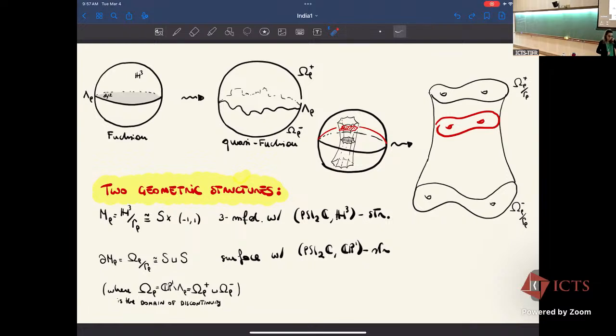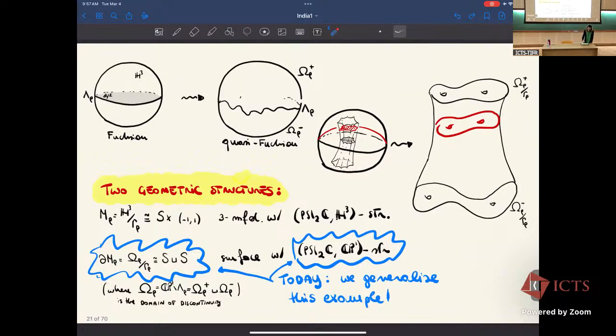The point is that the complement of the limit set, this domain of discontinuity, is a disjoint union of two topological disks, and they have a complex projective structure. So a structure that is (G, X), where G is PSL2C and X is CP1.